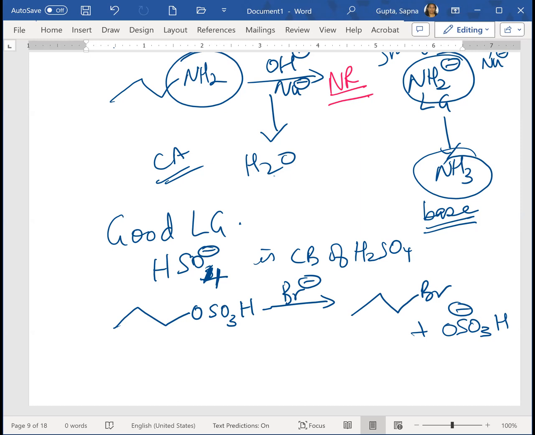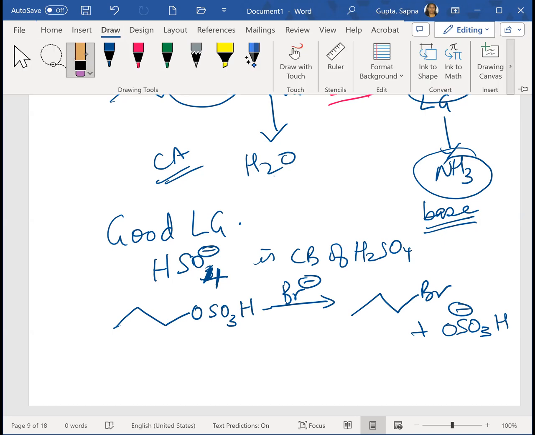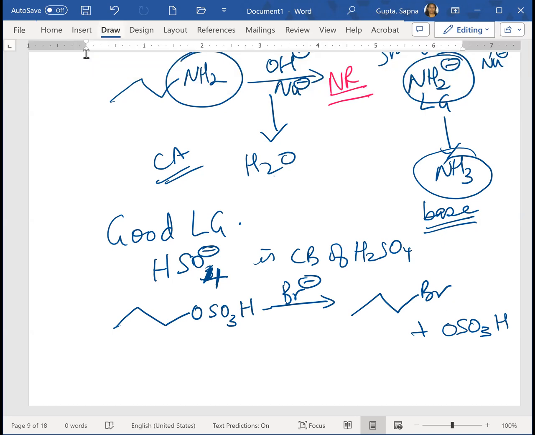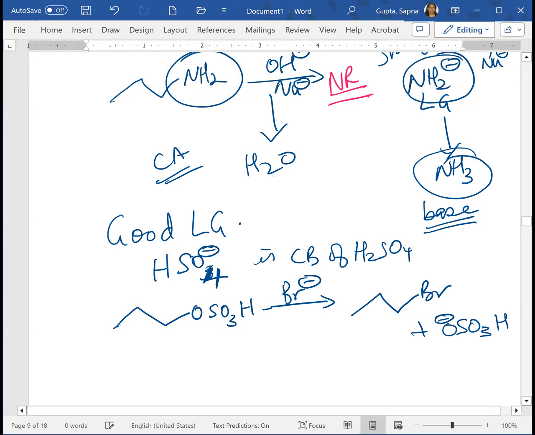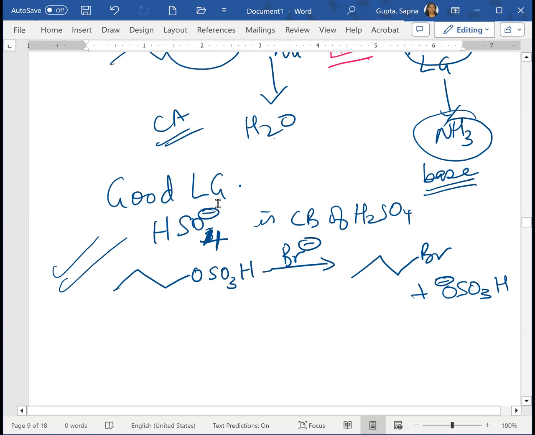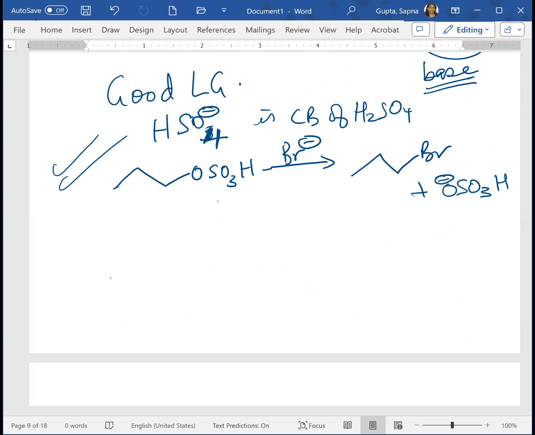Just write the nucleophile, and make sure that the minus is actually on the oxygen. That will help you a little bit. So this reaction is going to happen because it's a really good leaving group. Okay, so I have to write a couple reactions.